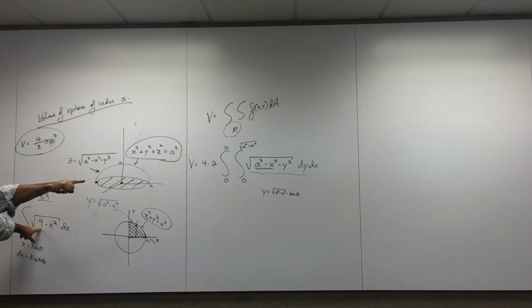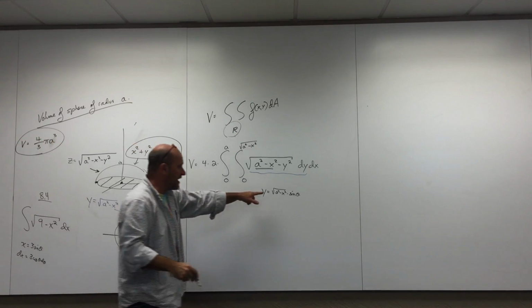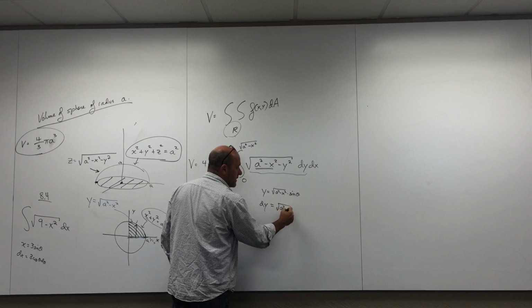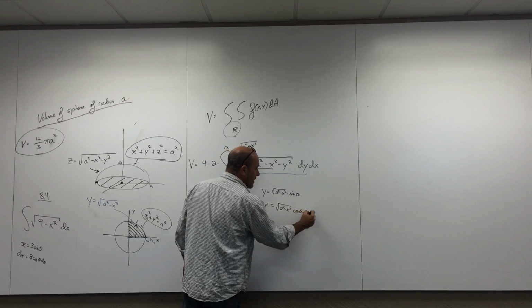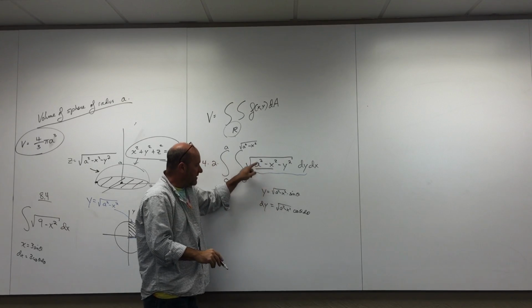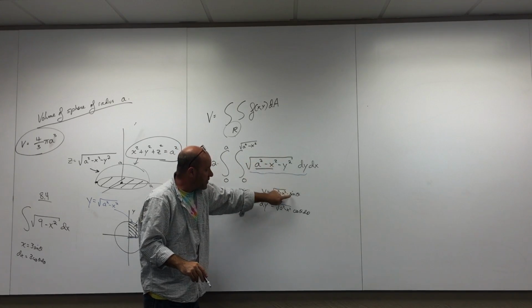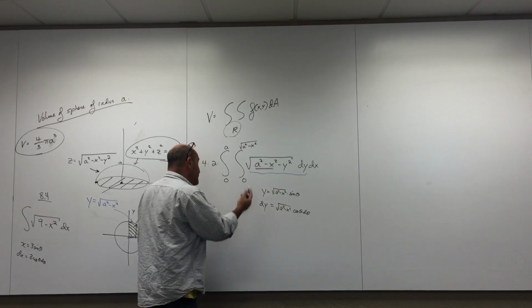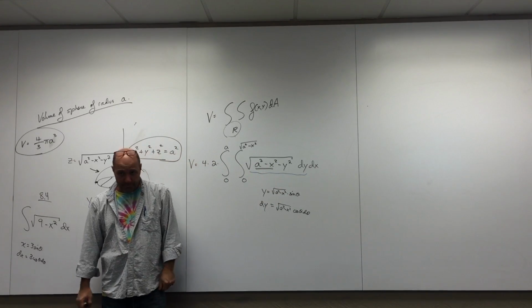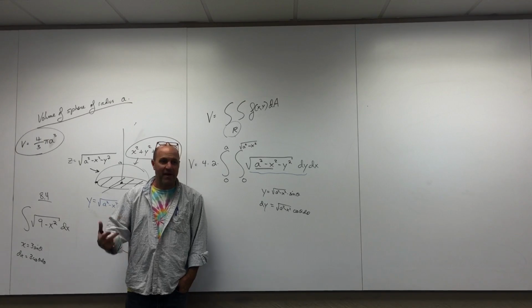My variable is y, and so my dy turns into this big constant times cos theta d theta. I have to shove all this in here and watch the radical clean up. That's the purpose of this trig substitution. So this is actually how to do it, and it's kind of horrible. So I do have a better way.